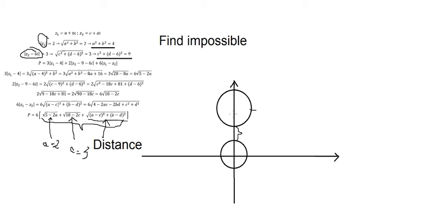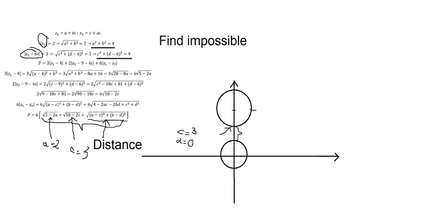So if we calculate this one, c should be equal to 3, and d should be 0.